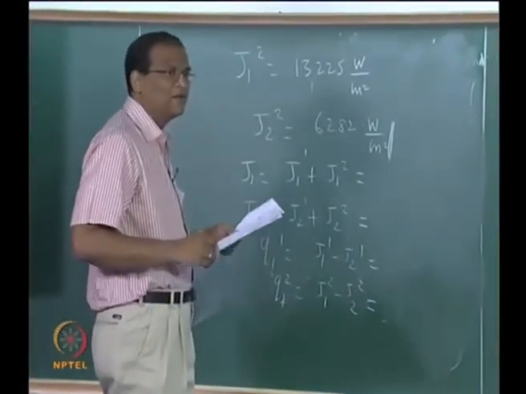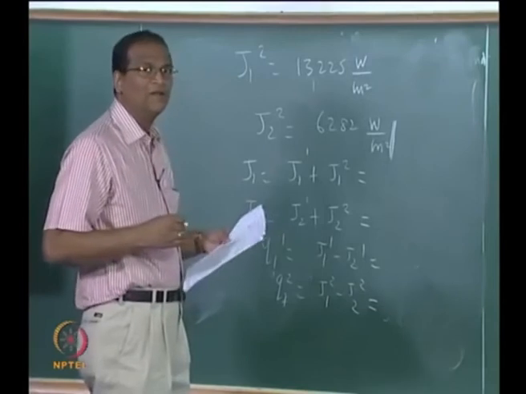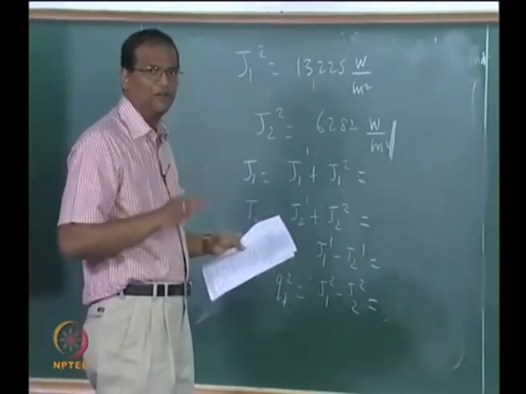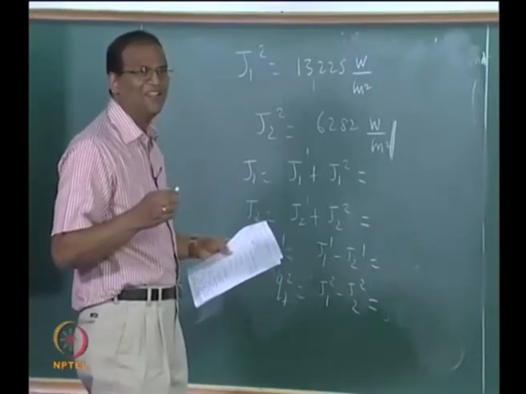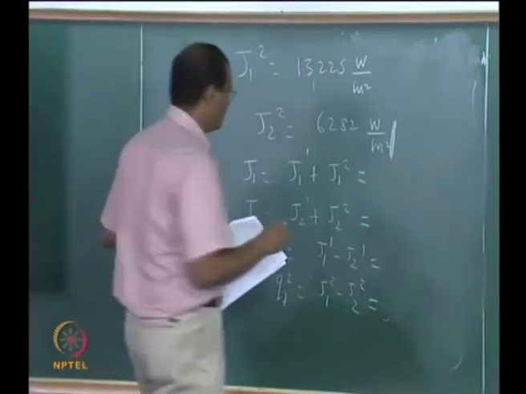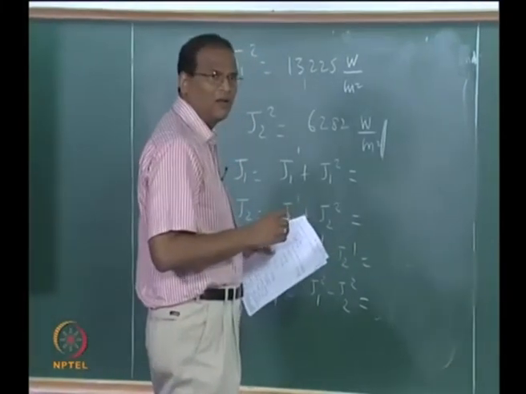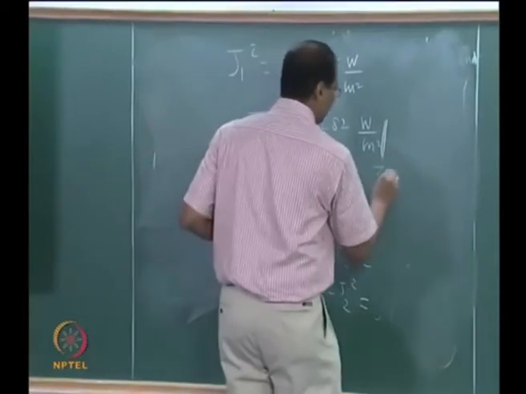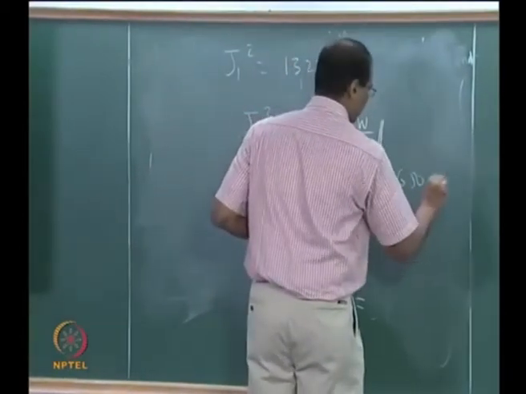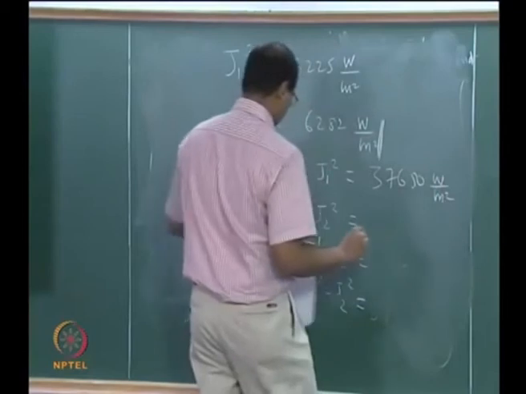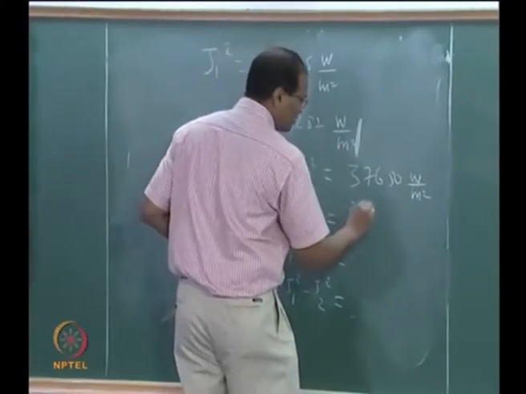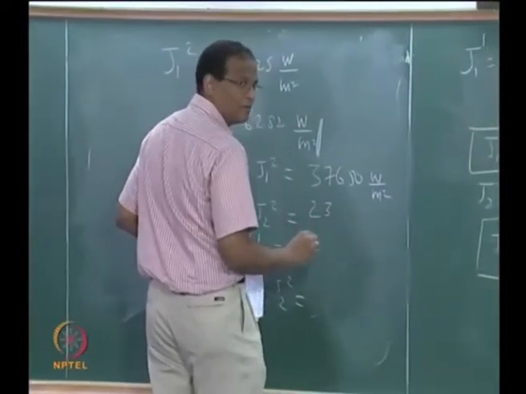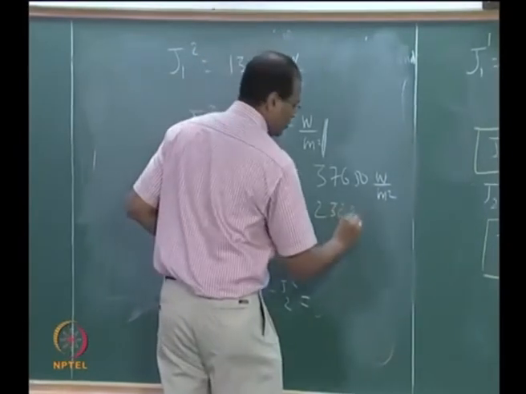J1 is directly can write, but for the sake of completeness, J1 is 37650. Yeah, J2 23,282.